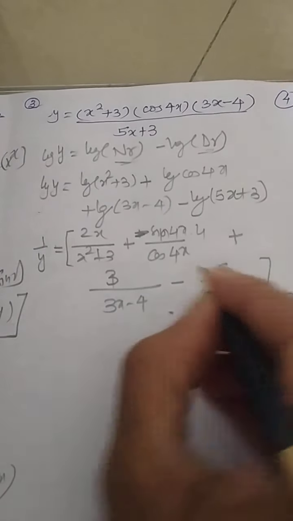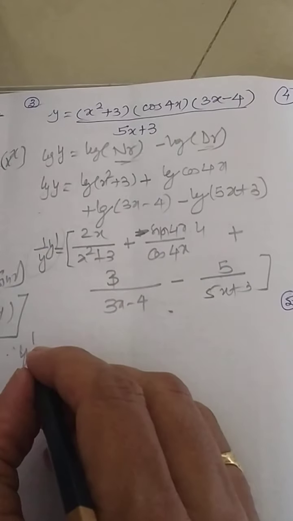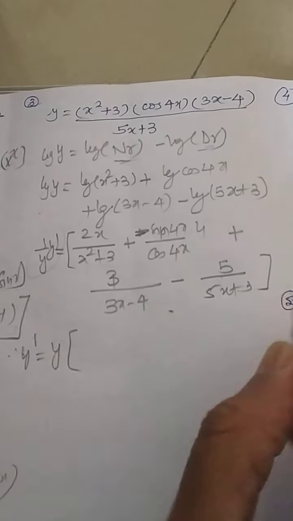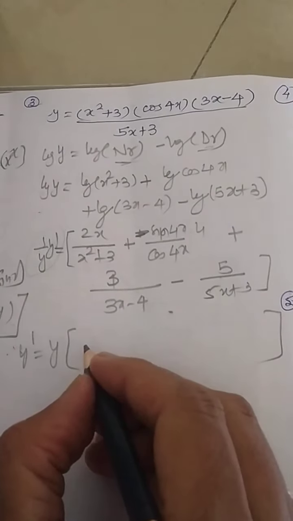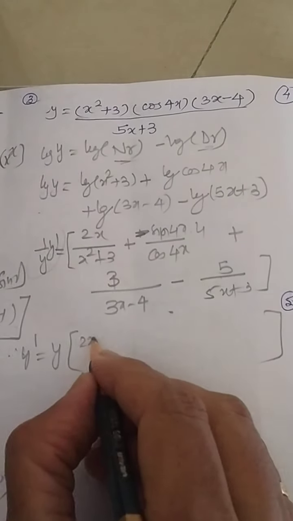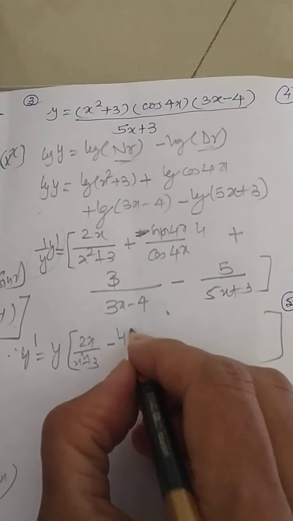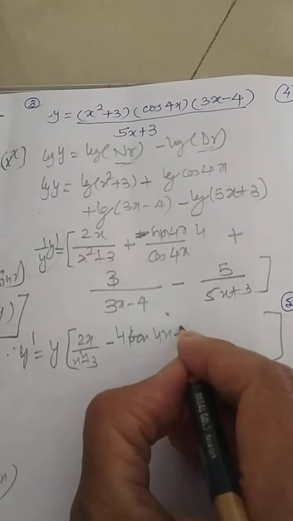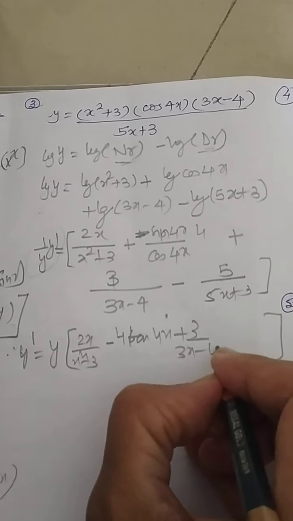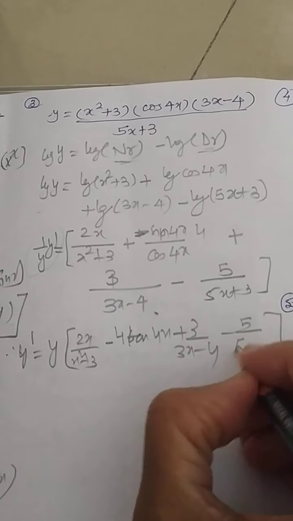Therefore y dash will be equal to y into the bracket: 2x upon x square plus 3 minus 4 tan 4x plus 3 upon 3x minus 4 minus 5 upon 5x plus 4.